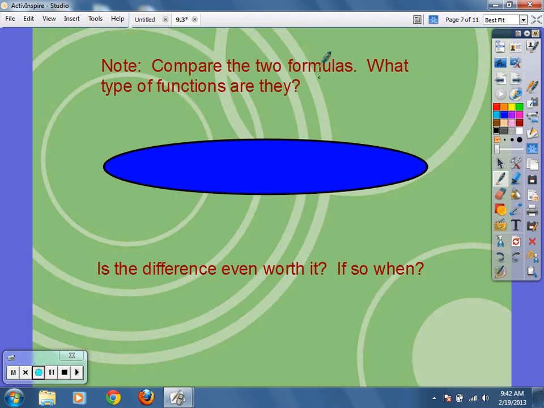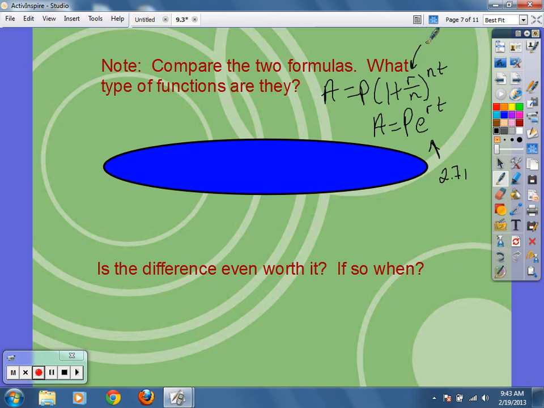Okay, so let's compare the two formulas. What type of functions are they? A equals P times 1 plus r over n to the nt, and A equals P e to the rt. Okay, what type of functions are they? Well, they are both exponential growth functions. e is a number bigger than 1, so it's exponential growth because it's about 2.71.